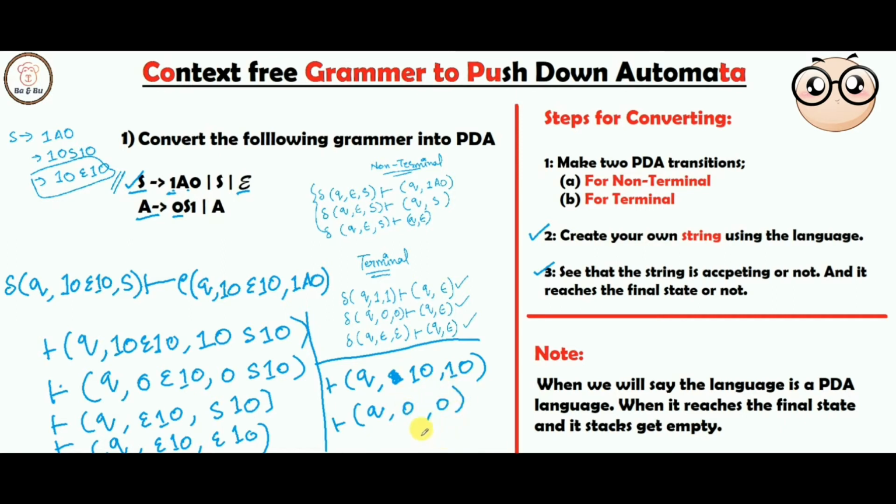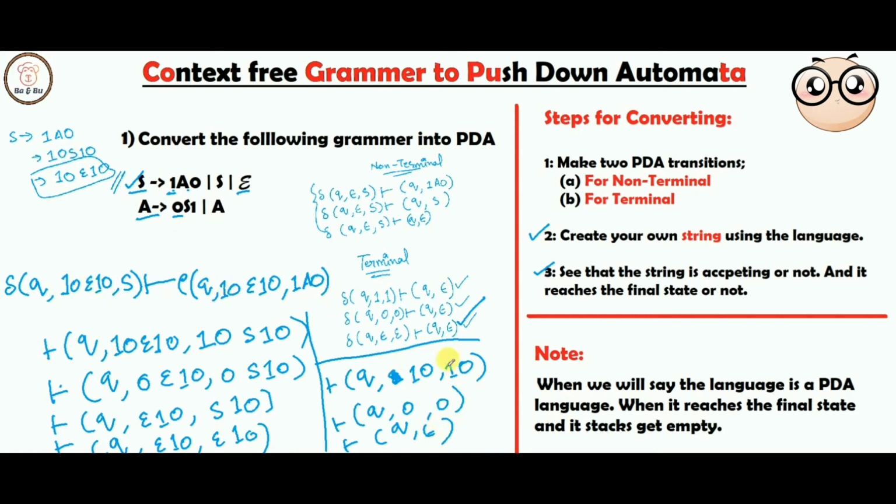So as I said, if you are getting Q 0 0, which is nothing but your terminal value, you will get an empty stack. So here you got an empty stack.